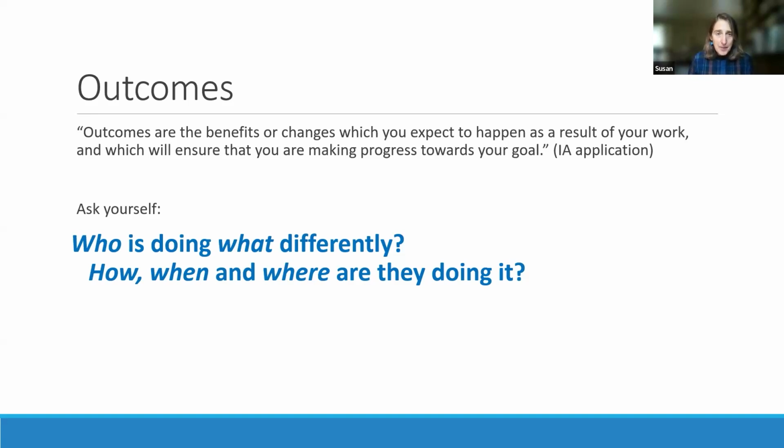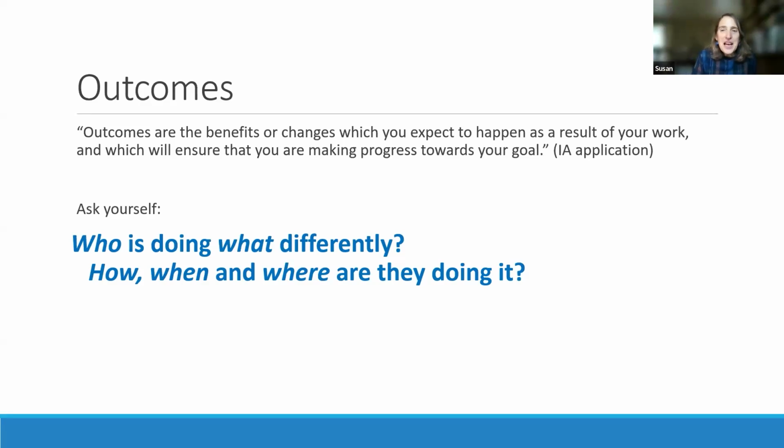So according to Irish Aid, outcomes are the benefits or changes which you expect to happen as a result of your work and which will ensure that you're making progress towards your goal. So if your goal is your big picture, your ideal picture of a good world where everything is happening, what are the small changes that are happening here and here and here in order to ensure that the bigger change takes place?